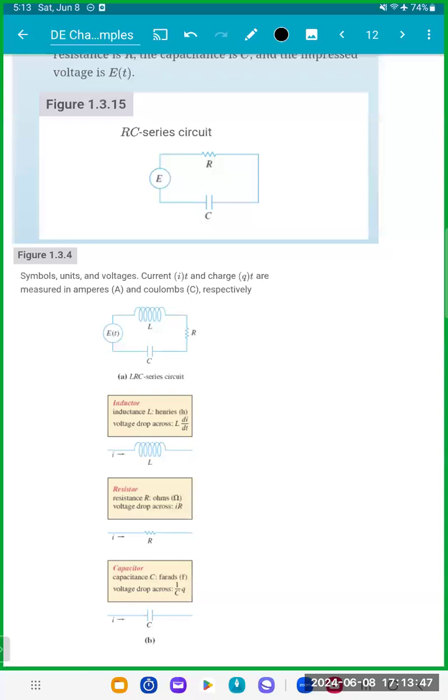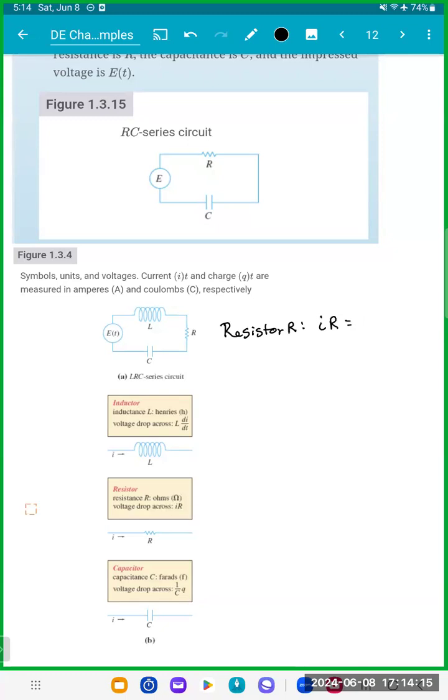And so by Kirchhoff's second law, E of t on a closed loop must equal the sum of voltage drops in the loop. Okay. So for this one, we have our resistor R. And that is, we have iR, which, right, iR here.